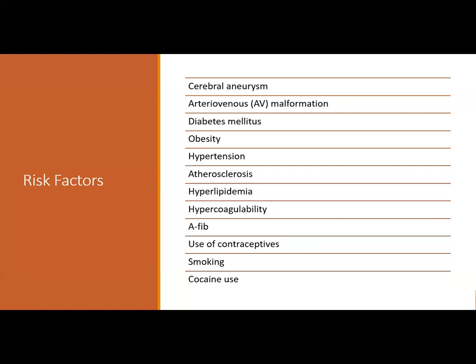Some of the risk factors are things like cerebral aneurysm, an AV malformation, diabetes, obesity, hypertension, arteriosclerosis, hyperlipidemia, hypercoagulability, AFib, use of contraceptives, smoking, and cocaine use. It's important to know these risk factors because if a patient shows signs and symptoms of a stroke with a history of one of these, you do want to alert the provider. Even if your patient has AFib, if all of a sudden they have arm weakness or facial droop, you want to go ahead and let your doctor know.